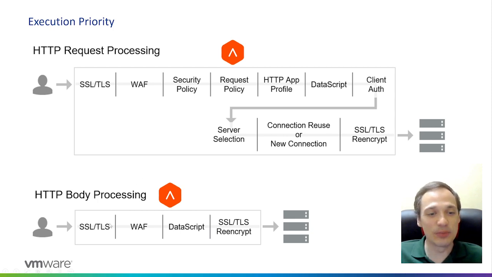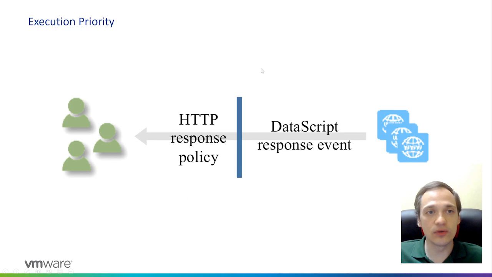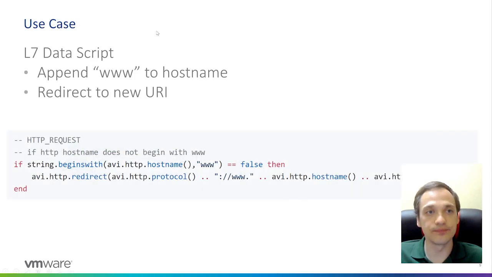Same goes for body processing. If WAF drops the request, it will never go to the DataScript. Same goes for the response from the backend server. First, it will process the DataScript, and then it will process the HTTP response policy.